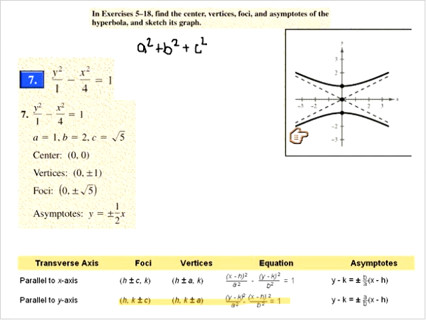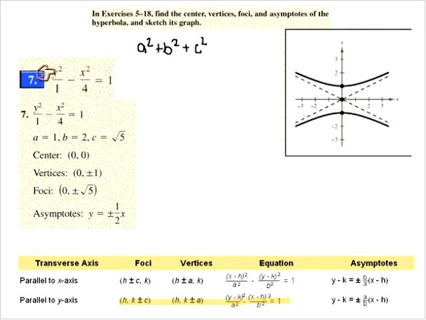So if we need to find the center, vertices, foci, and asymptotes, if we know the equation that's given, notice the difference here between your ellipses and your hyperbolas is that they are separated with a minus sign. So you have a minus sign in the middle now. Because y is coming before x, we're looking at this equation and this information down here.